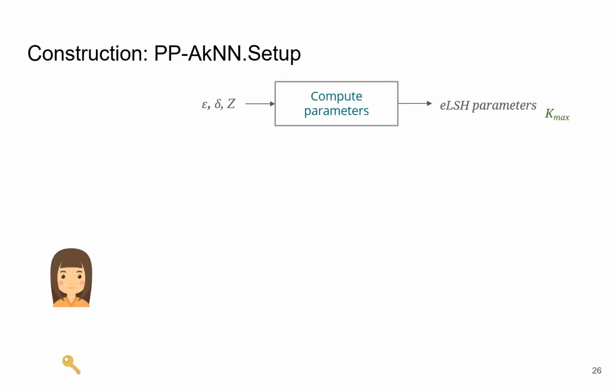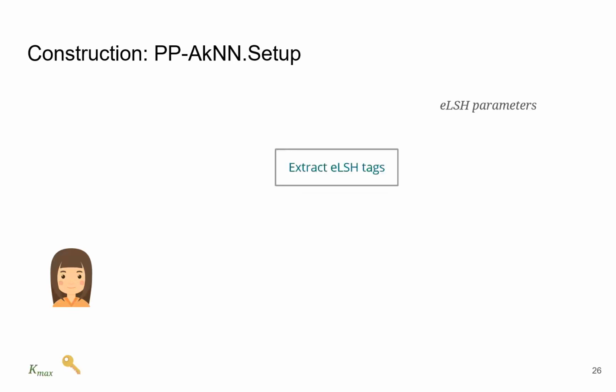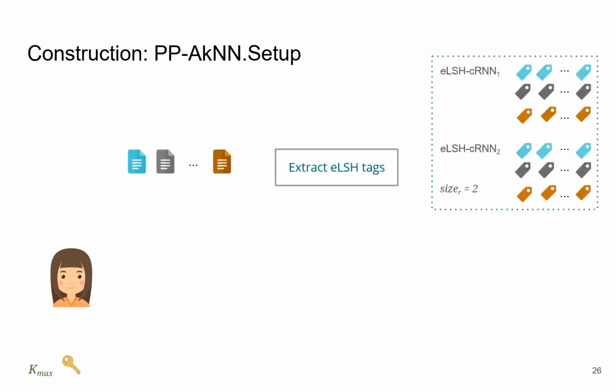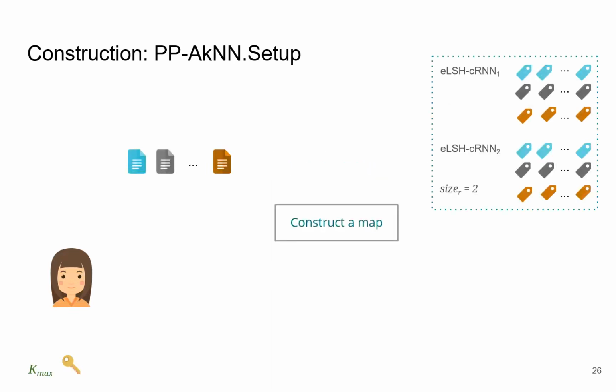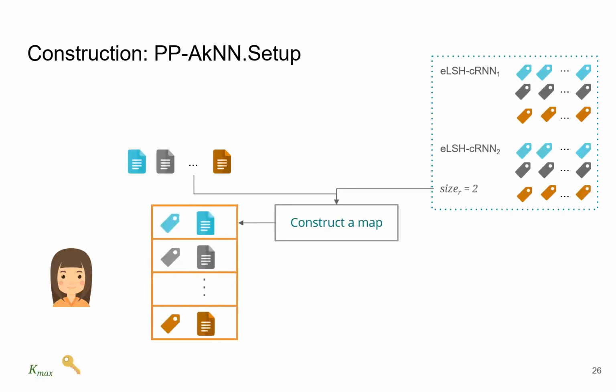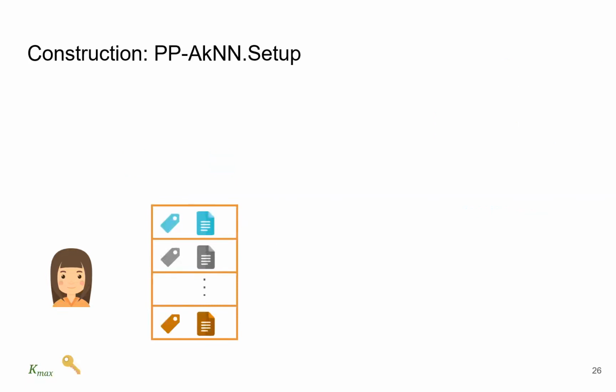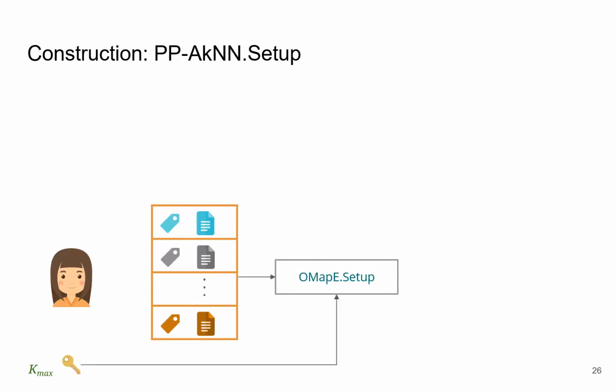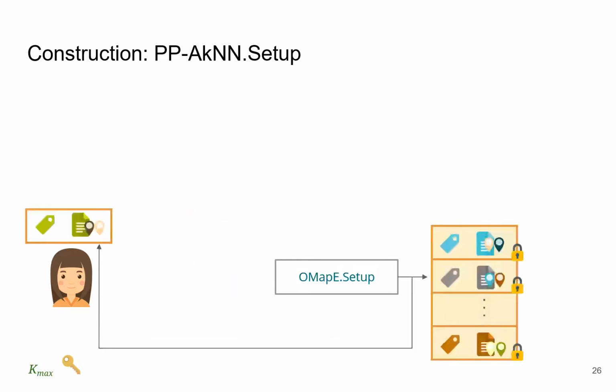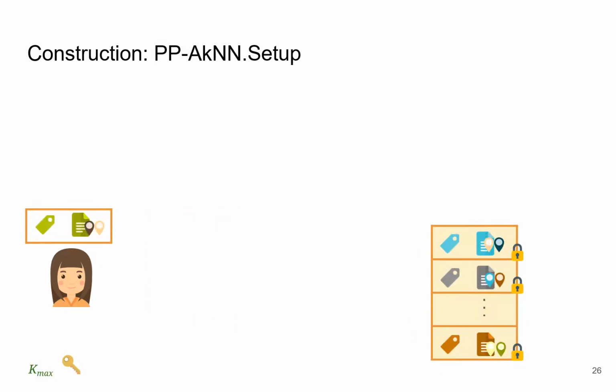The algorithm will output ELSH parameters and keymax. ELSH parameters will then be used to extract the ELSH tags, and the tags are used to construct a lookup map with her local files. Finally, the client will run the OMAP setup stage, which takes as input her secret key and the lookup map, and outputs them into a database that is stored on the server.